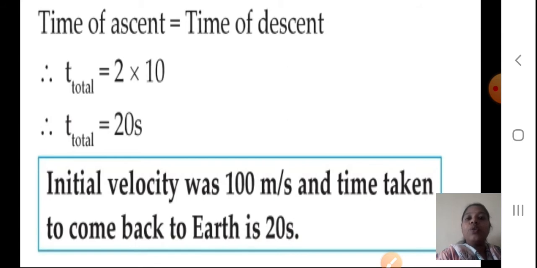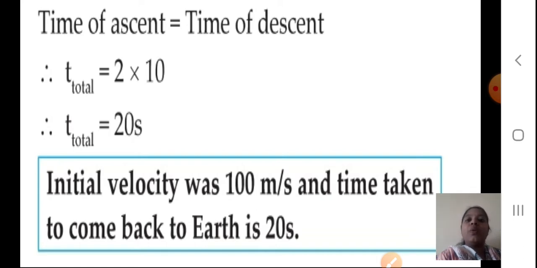Therefore t total is equal to 2 into 10, so t total is equal to 20 seconds. So here we have found the initial velocity and the time. Initial velocity was 100 meter per second and the time taken to come back to the earth is 20 seconds. Writing the units in the final answer is very important, so do remember to write it.